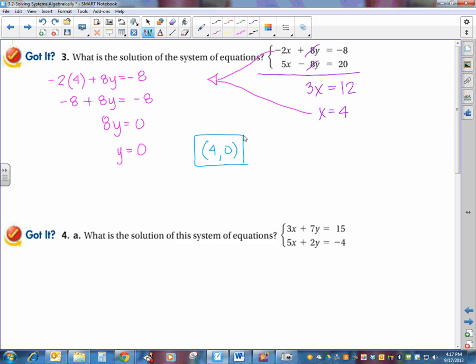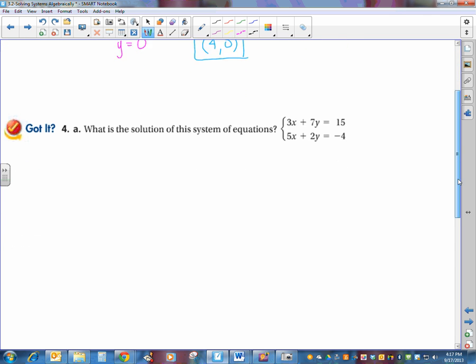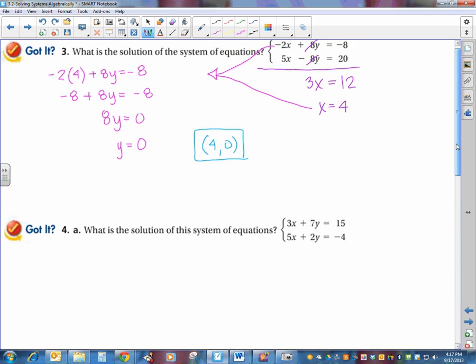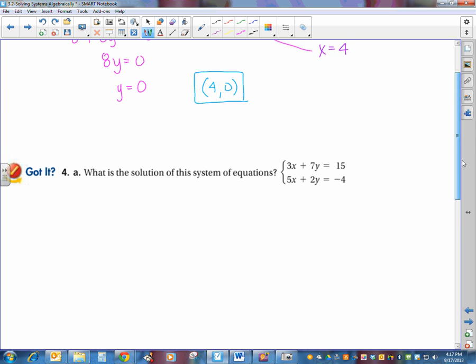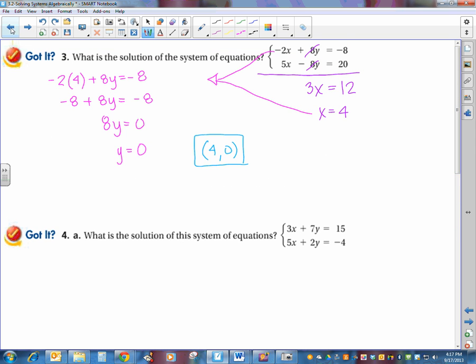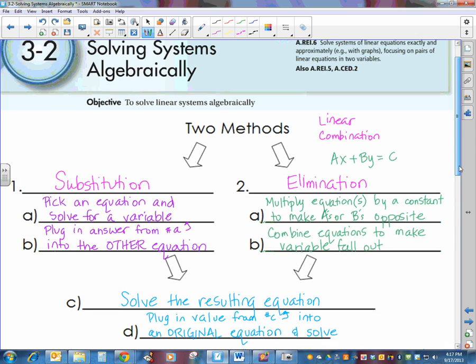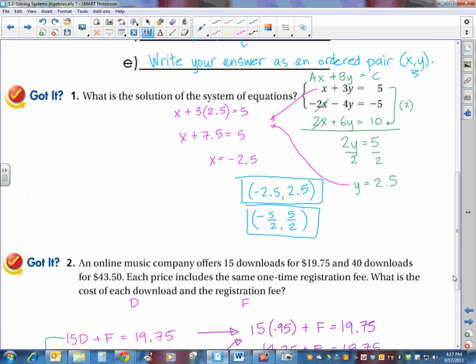Okay, number 4. What is the solution? Okay, I have done everything by substitution. Excuse me, by elimination. And to tell you the first example, just to go back and look at it real quick, whenever you have a variable here that has a coefficient of 1, as this x does, that's always a possibility to use substitution.